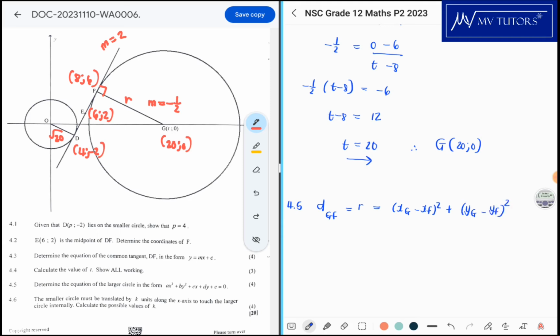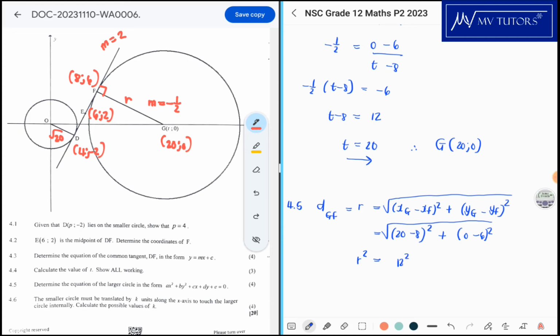Okay, and that is all squared. So the x-coordinate of G is 20 minus F, that's 8. And you have 0 minus 6. And actually I can get R squared, right? So we can remove that square root on the other side. So 20 minus 8, that's 12.